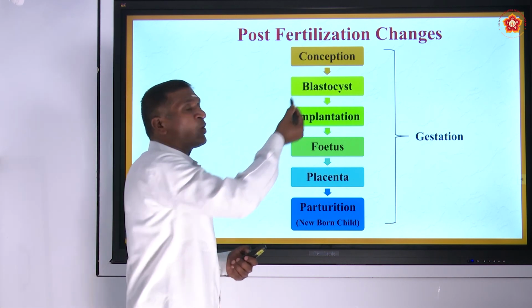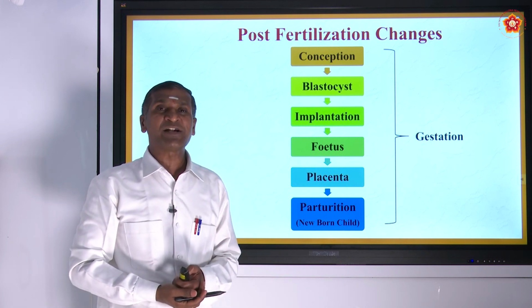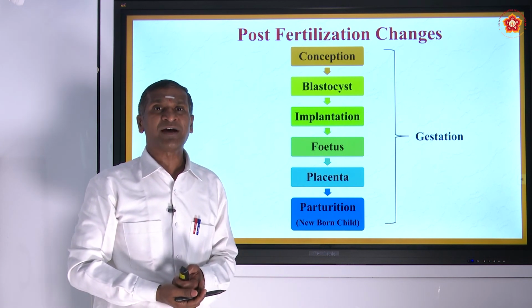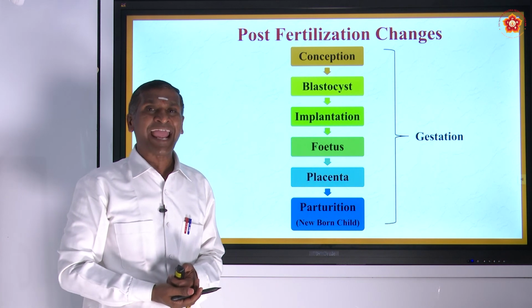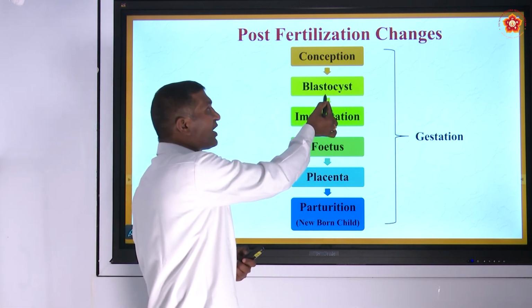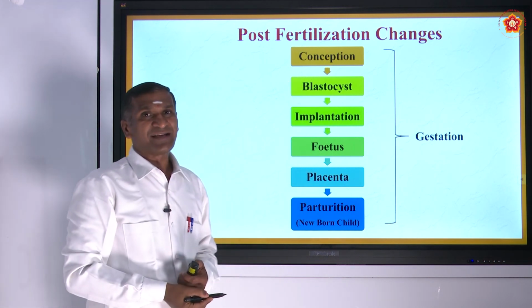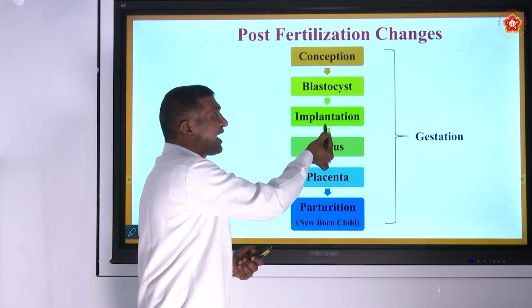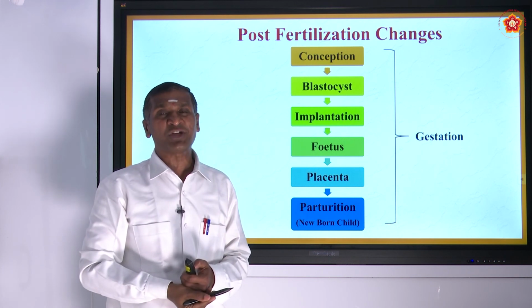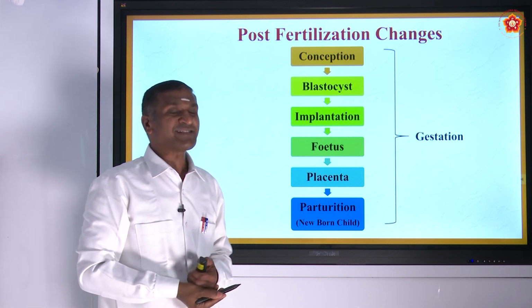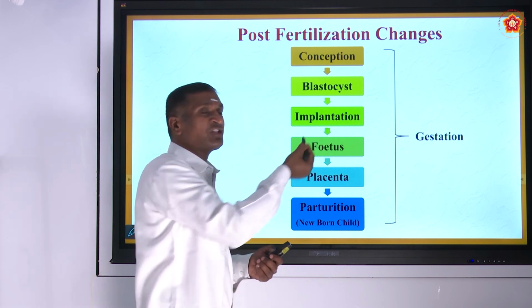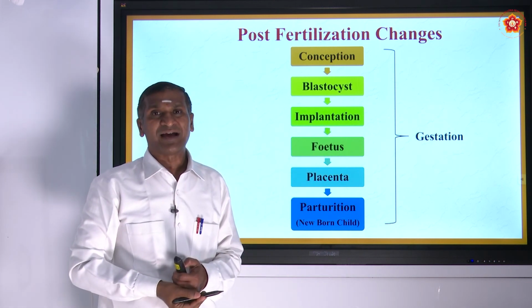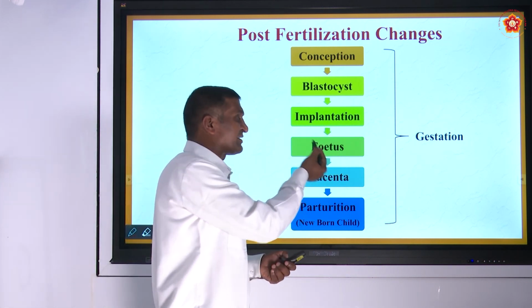That zygote undergoes multiple divisions and forms the multicellular young embryo, which is called the blastocyst. The blastocyst is nothing but the embryo. After 7 days, the implantation of this embryo gets attached to the uterine wall and it forms the fetus.